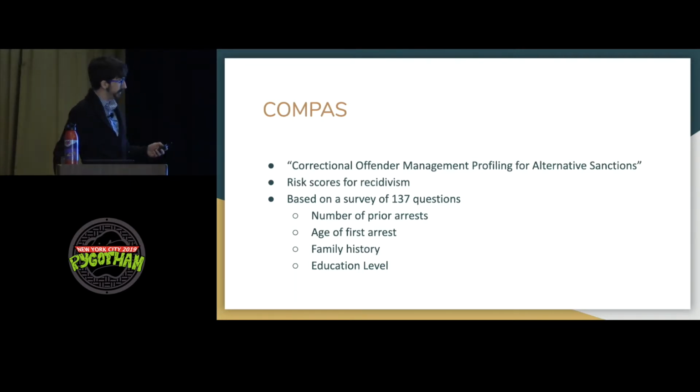If that didn't make sense to you, it doesn't make sense to me either. It basically calculates risk scores for recidivism, where it defines recidivism as being rearrested after being released from prison. Now, there's a couple of problems with it. One is that the algorithm is proprietary. You cannot open it up and see exactly how you're being judged.